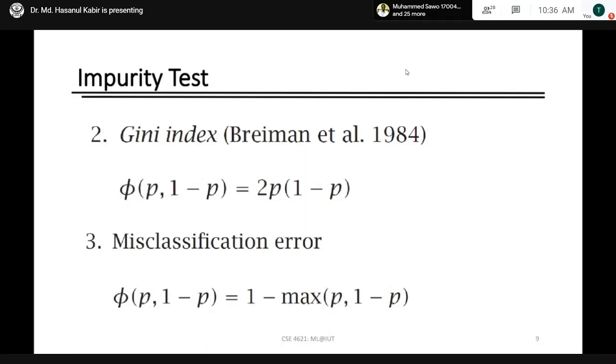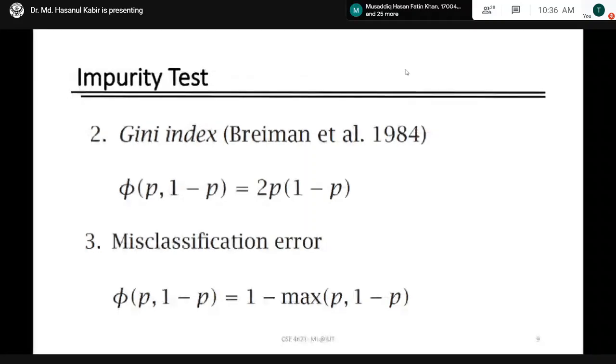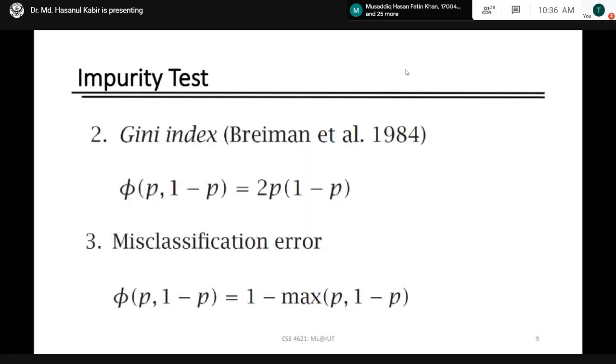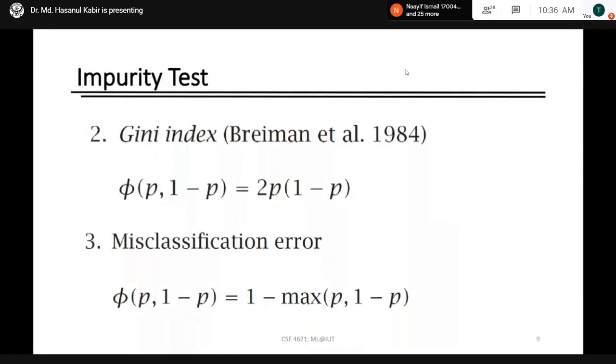Let's say in a particular node all of the samples belong to class 1. What will be the probability of class 1? All the samples are from class 1, so if you randomly pick a sample, what is the probability it will be from class 1? Always 1, right?